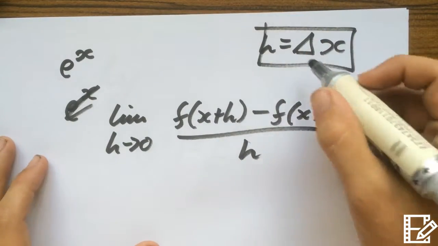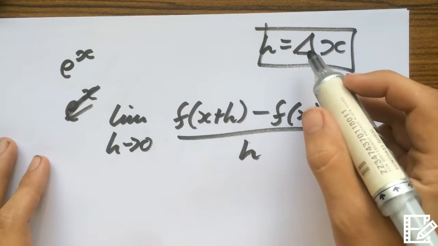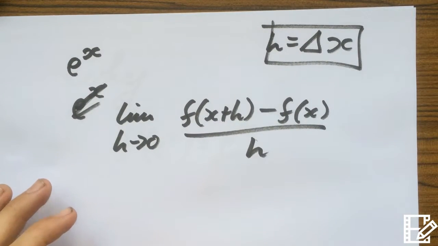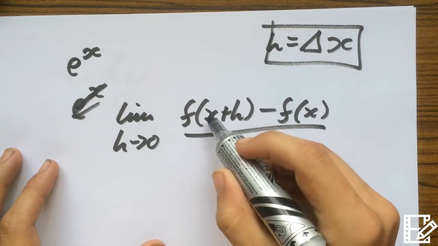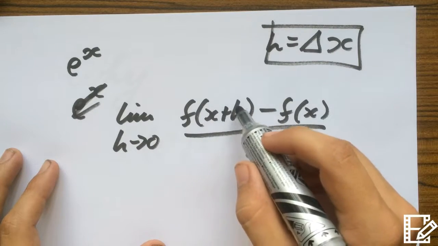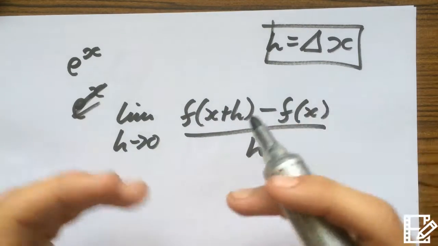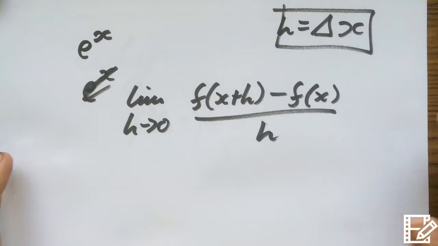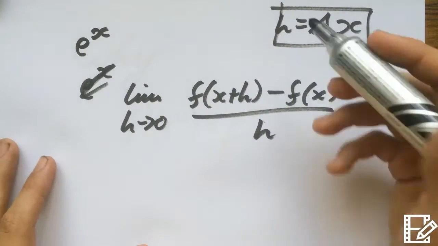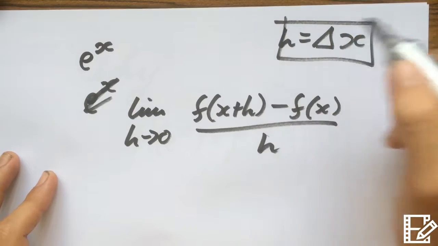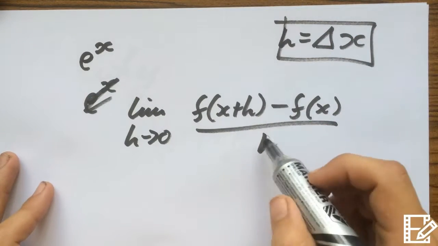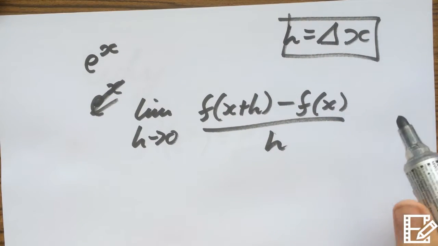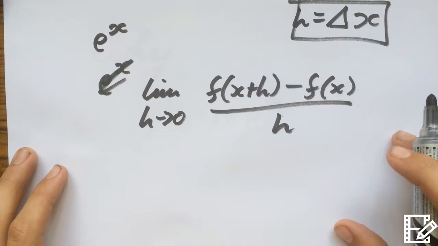I use h only because I was taught with using h, but it's because sometimes if you have f of x plus delta x, people sometimes get confused when it gets jumbled up, usually later on in complex equations. So I was taught with a different letter altogether, so that's why I use h. This is the rule that I've actually seen in some books as well, so it makes sense.